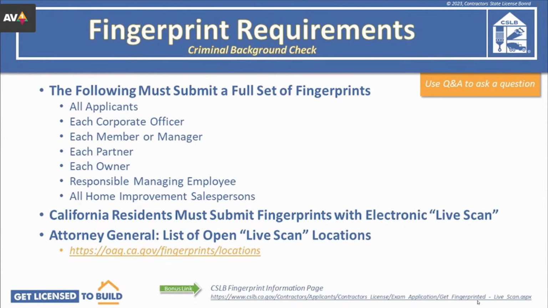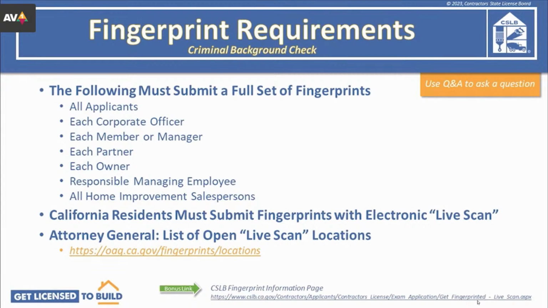Next, let's take a closer look at our fingerprint requirements, which are used for a criminal background check. This is a list of those who must submit a full set of fingerprints to CSLB, depending on the type of business entity. All applicants, each corporate officer, each member and manager, each partner, each owner, the responsible managing employee, all home improvement salespersons.